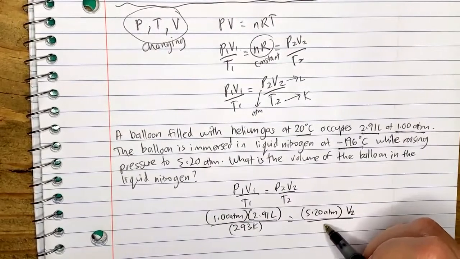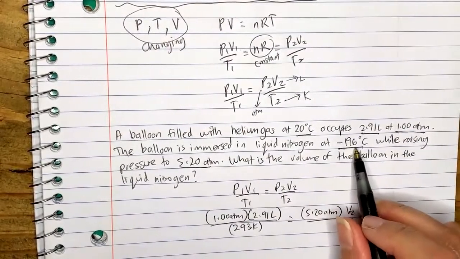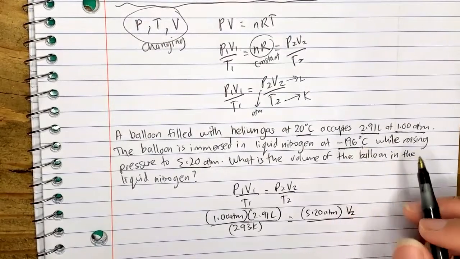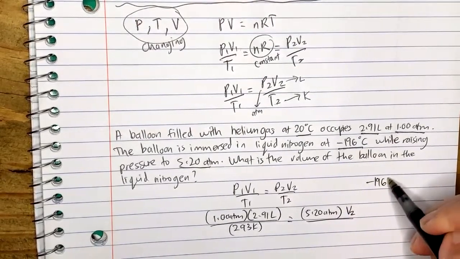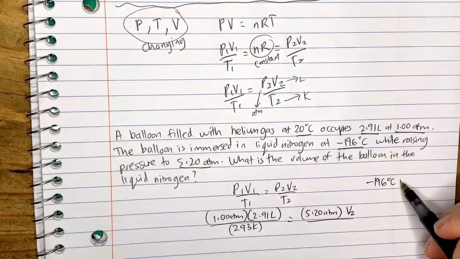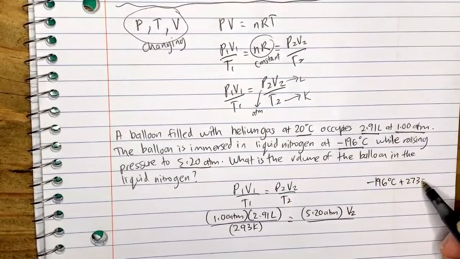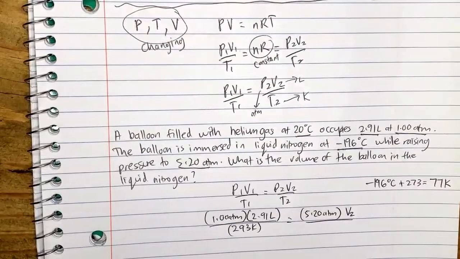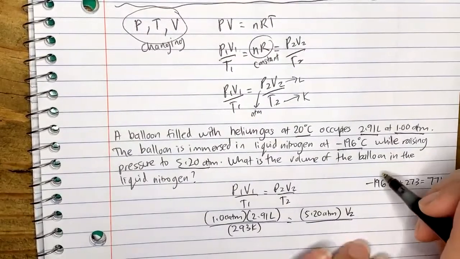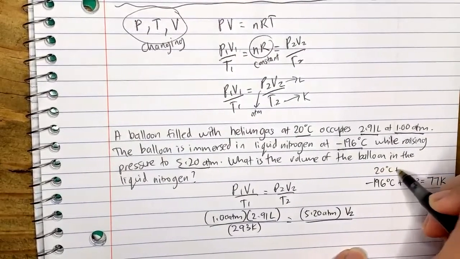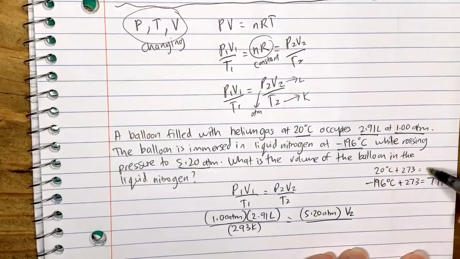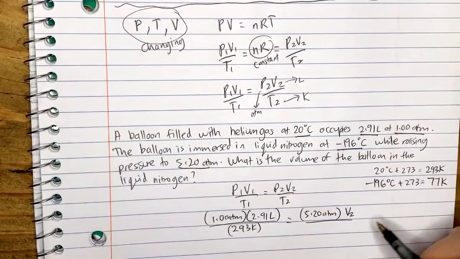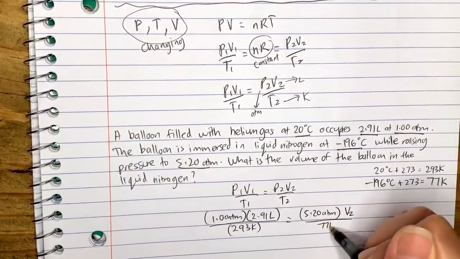And my temperature is negative 196 Celsius, and you got to add 273, and that will give you 77 Kelvin. I should write down 20 Celsius plus 273 is 293 Kelvin. That's how I got that. Anyway, let's put that down here, 77 Kelvin.